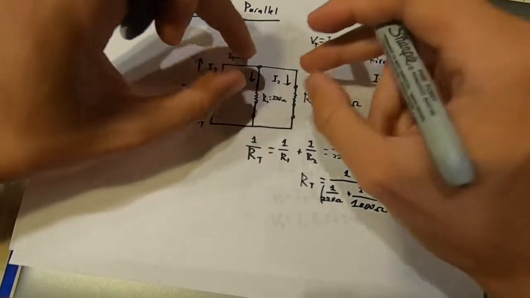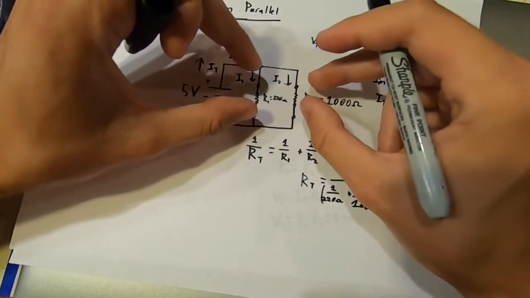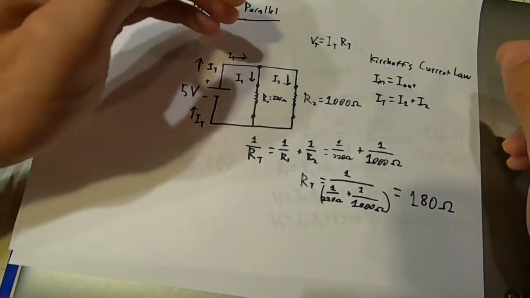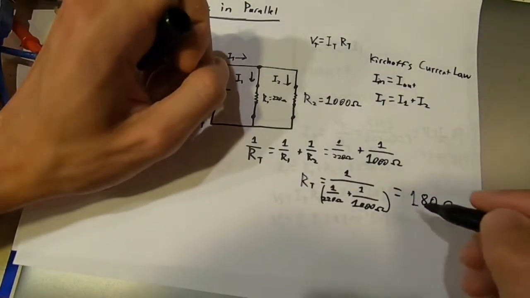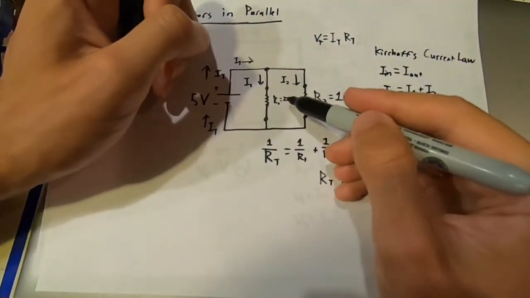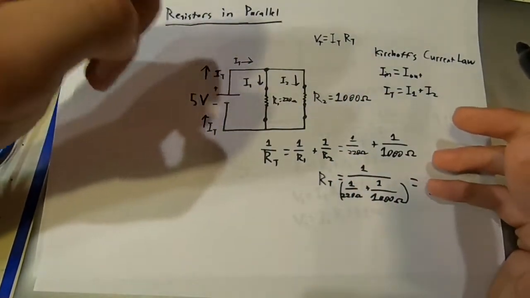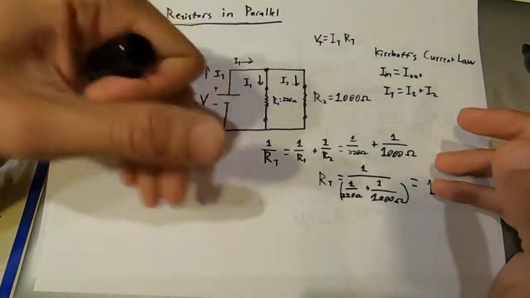So again, putting the two resistors in parallel like this effectively reduces the total resistance. So this total resistance is less even than our 220 ohm resistor here, and that's just because we're allowing more pathways for that current to flow.